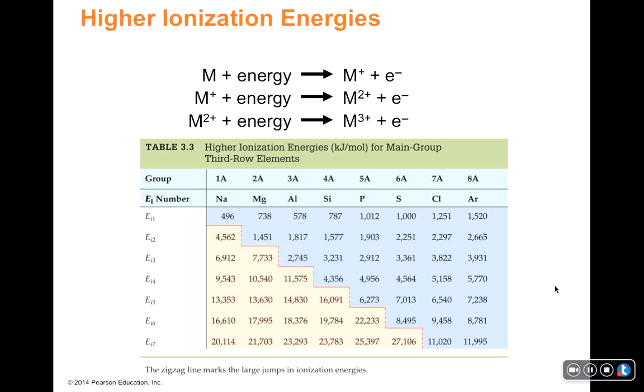We have predicted them, and generally speaking, if you look down any of these columns, you'll notice that as we remove the second and then the third and then the fourth electrons, those amounts of energy increase fairly dramatically. So typically the lowest amount of energy is to remove the first electron. If we're talking about removing second and third, then it takes more and more energy to do that.